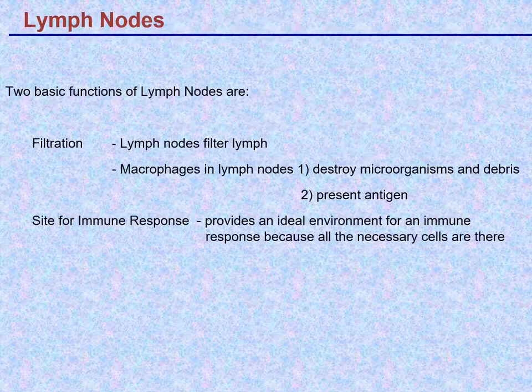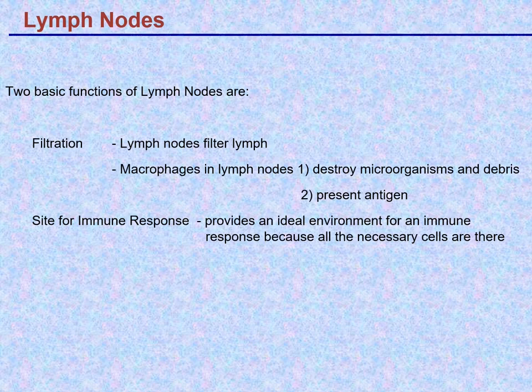There are two basic functions for lymph nodes, and I've mentioned this before. There's filtration. The lymph node filters the lymph, and there are macrophages in that lymph node that can phagocytose and destroy and chop up the foreign molecules or foreign bacteria and microorganisms, and not only kill them, but also, and I said this earlier, the second thing is they can present antigen.